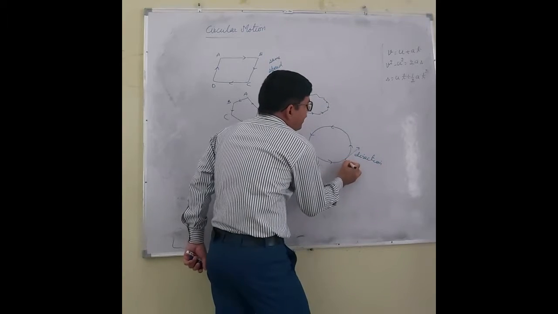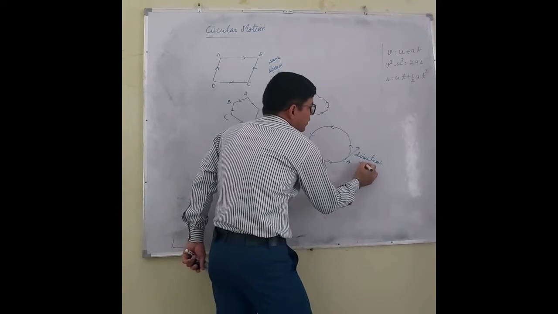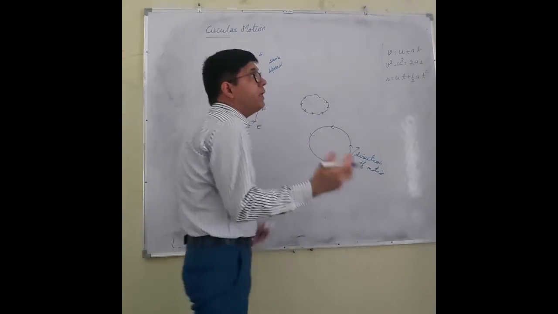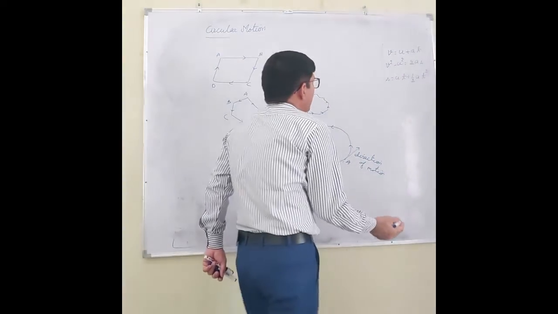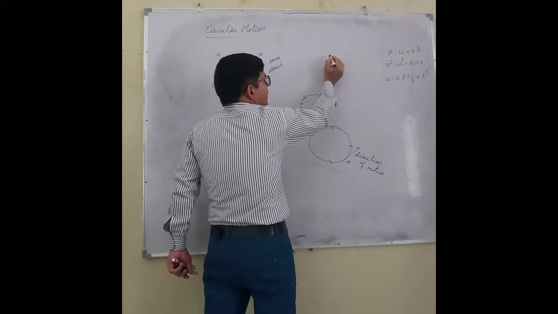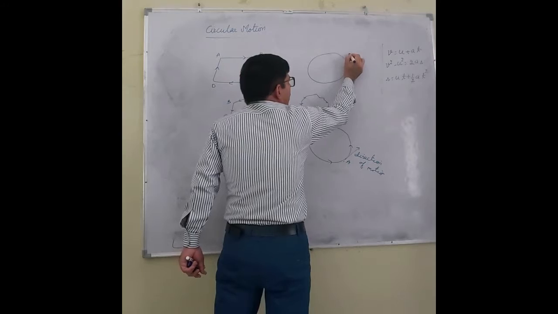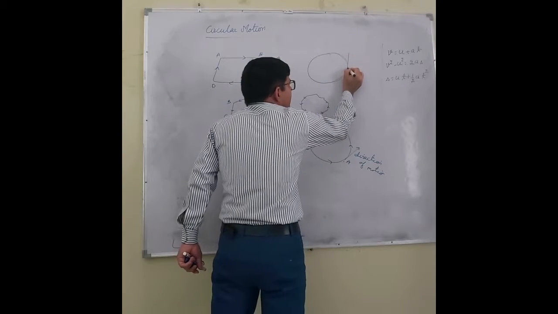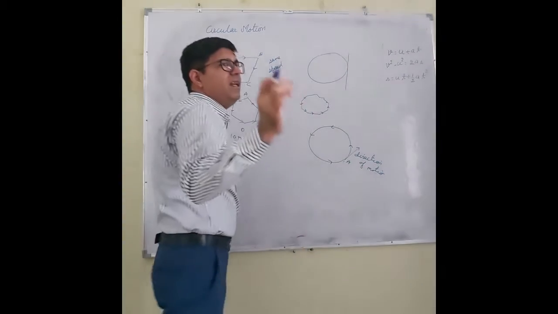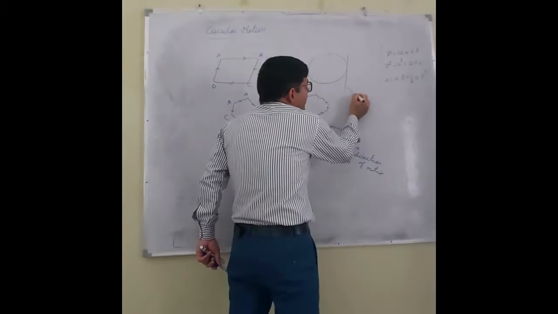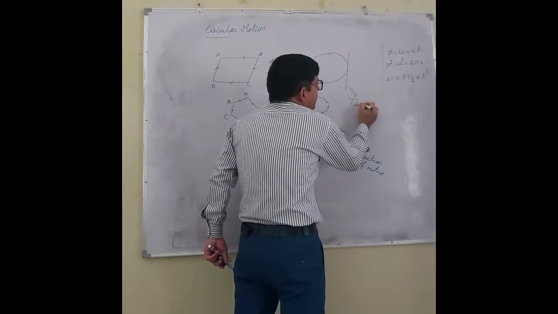At point A, the direction of motion is this. And what is this line called? This line is called the tangent. I'm telling you one important property of a circle. All of you have done circles. In a circle, if I draw a line which touches the circle at one point, this line is given the name of tangent.